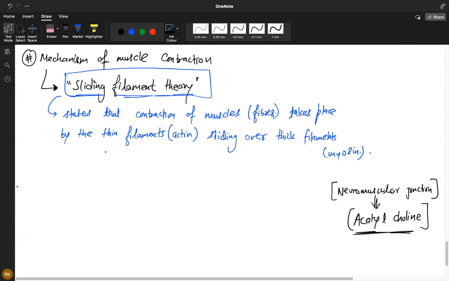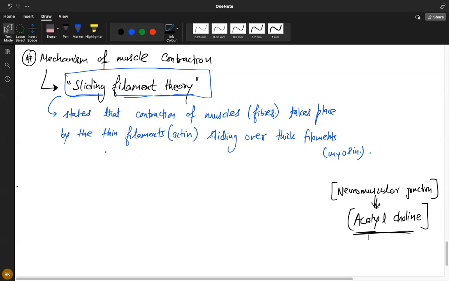Okay. So let's see what has happened till now. Till now, there is a signal sent by the brain, CNS, via a motor neuron. That motor neuron has come and made a junction with the sarcolemma of the muscle, and it is called a neuromuscular junction.